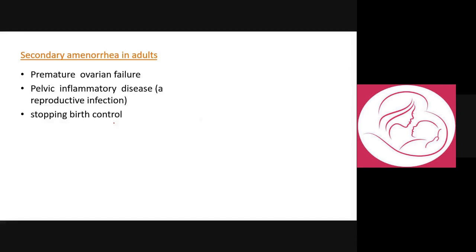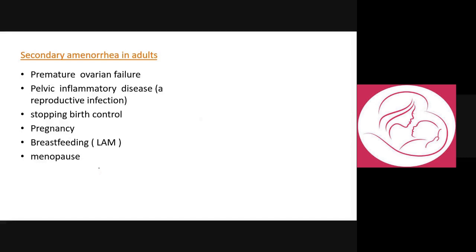Pregnancy, as I had suggested before. Breastfeeding: if you are continuously breastfeeding post-pregnancy, then it may also delay your periods because of the LAM cycle. Next, as you are approaching menopause, you will find a lot of irregularity in your periods, and it could have a delay of more than 6 months as well.